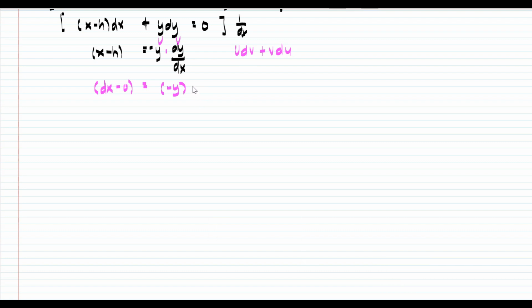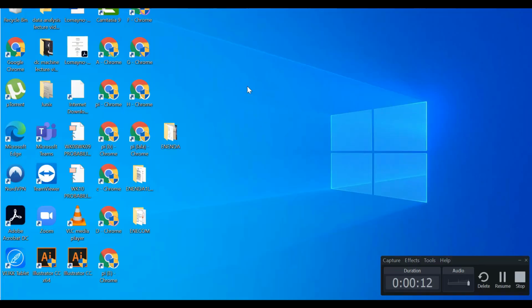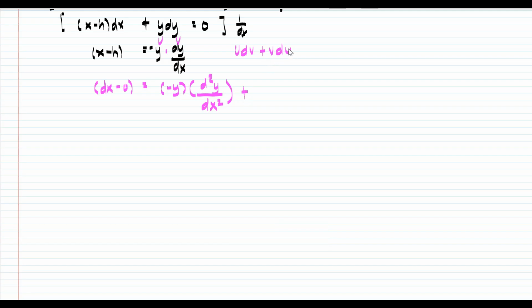This is d squared y over dx squared, plus v du. So what is v? v is dy over dx, multiplied by the derivative of u, which is negative y. What is the derivative of negative y?